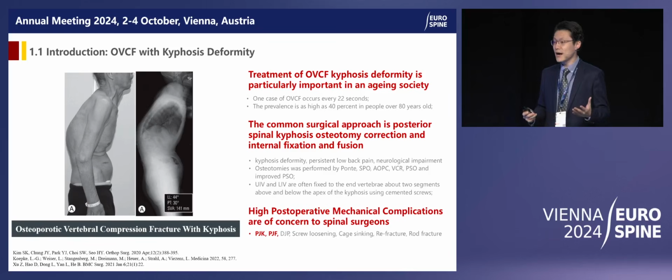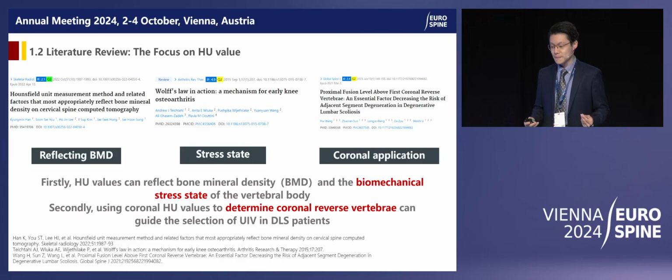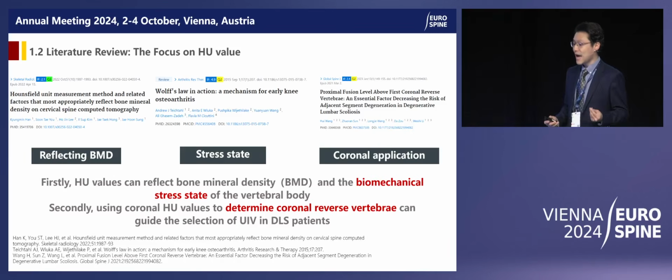But how to select the UIV is a really good question, and the high postoperative mechanical complications are of concern to our spine surgeons. So by literature review, we focus on the HU value. Firstly, HU value can reflect the BMD and biomechanical stress state of the vertebral body.